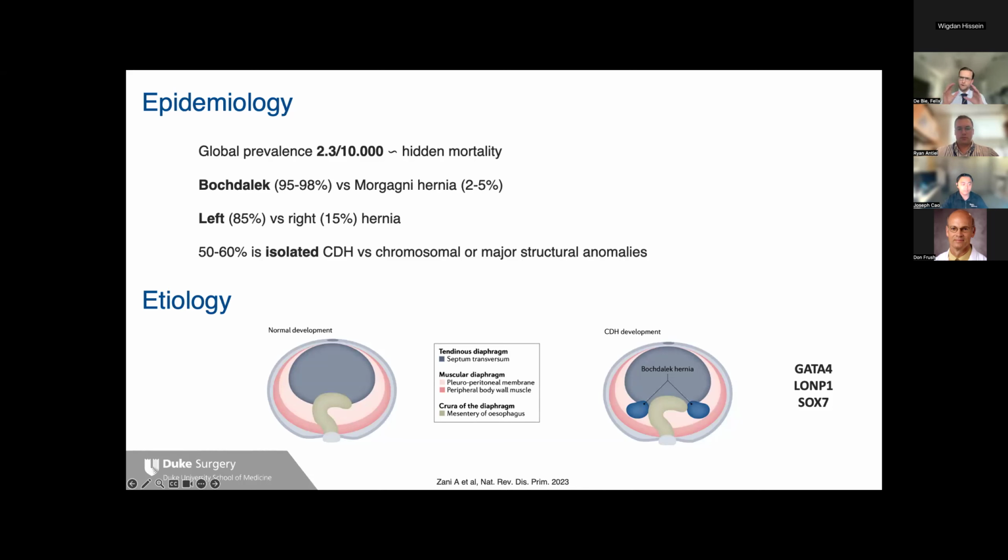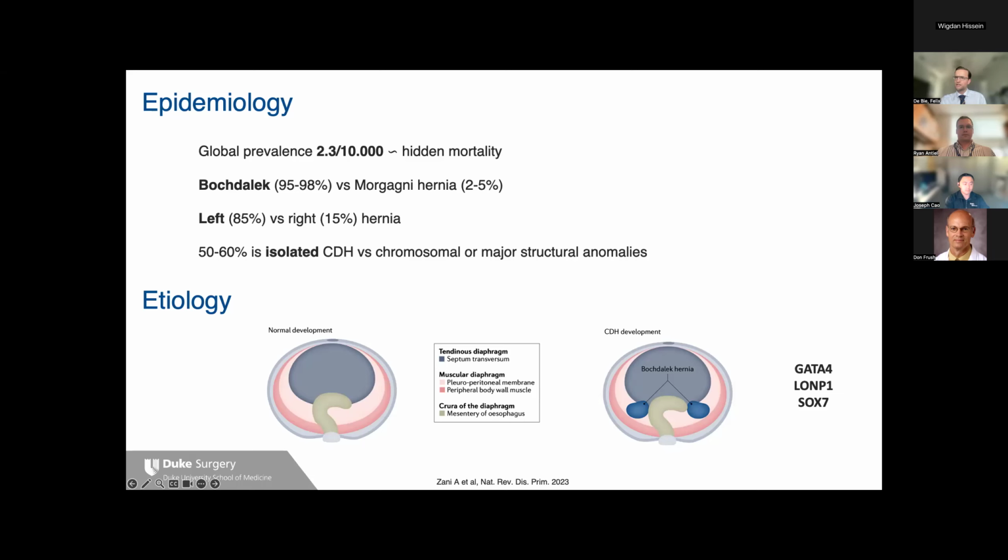When we talk about Bochdalek, the posterolateral CDH, we have two types. You have a left-sided, again the large majority, 85%, versus the right-sided hernia, which happens in 15%. They are phenotypically different, and we can talk about that in a little bit, mainly because of the difference in organs that migrate into the chest.